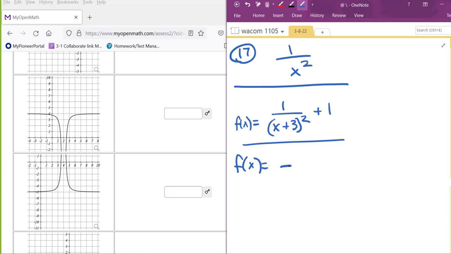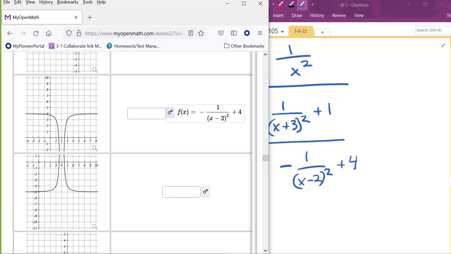That will be the end. It has moved to the right 2. So it's going to be 1 over x minus 2 squared. That would make it move to the right. And it has moved up 4. So there's your negative, which makes it flip. 1 over x minus 2 squared plus 4.